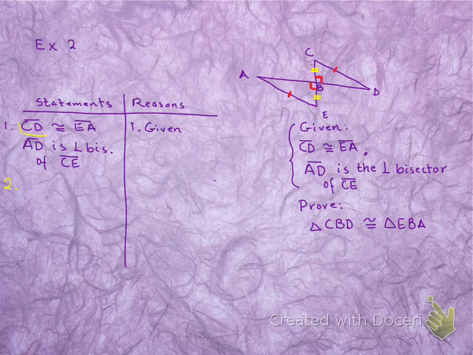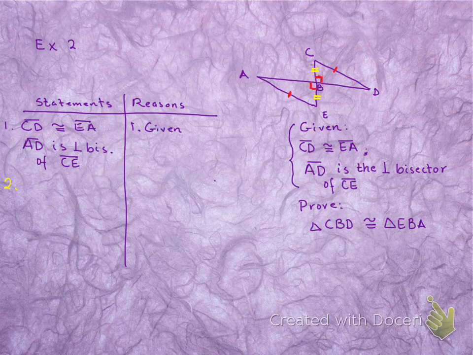We already know that CD and EA are congruent. Those are marked with the little red tick marks there, okay? We marked CB and EB as being congruent, and that is because of the consequence of AD being the perpendicular bisector. So we're told AD is the perpendicular bisector, but because of that, we have another statement that we can make.